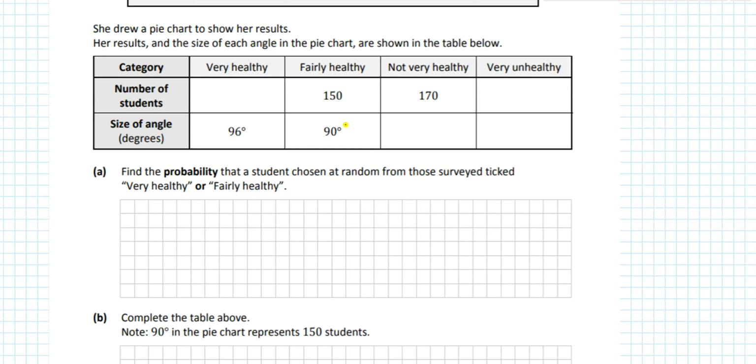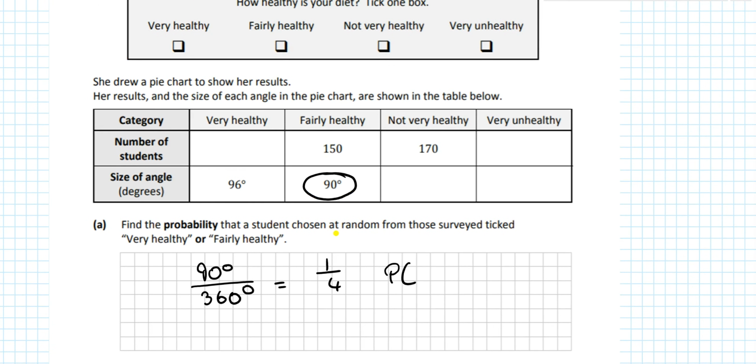Okay, well, we know that 90 degrees as a fraction of 360, a full circle, is 1/4. So the probability of fairly healthy is 1/4.